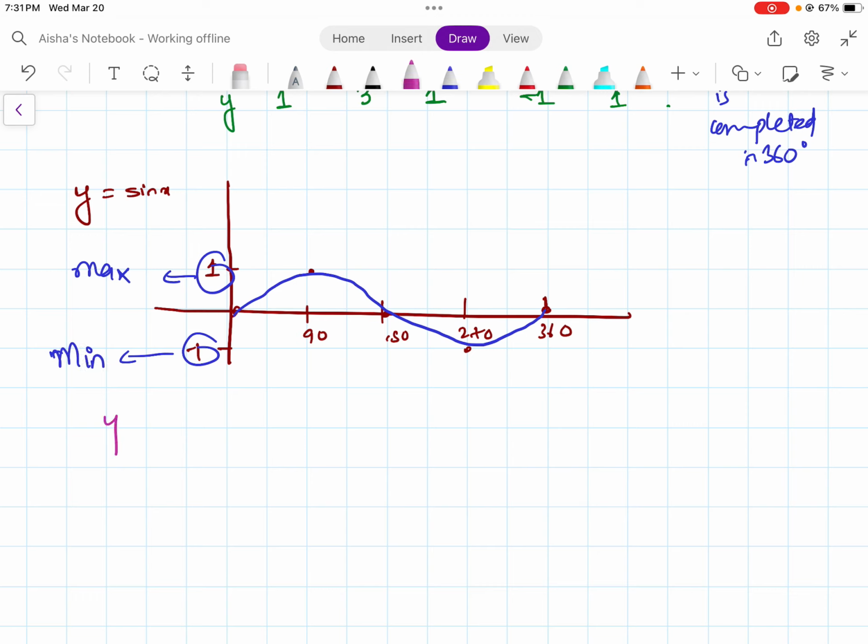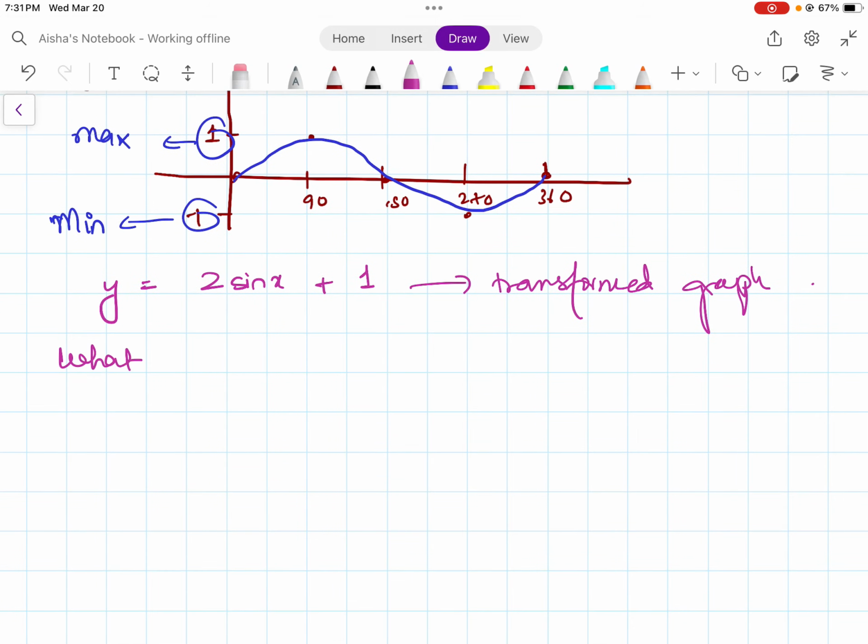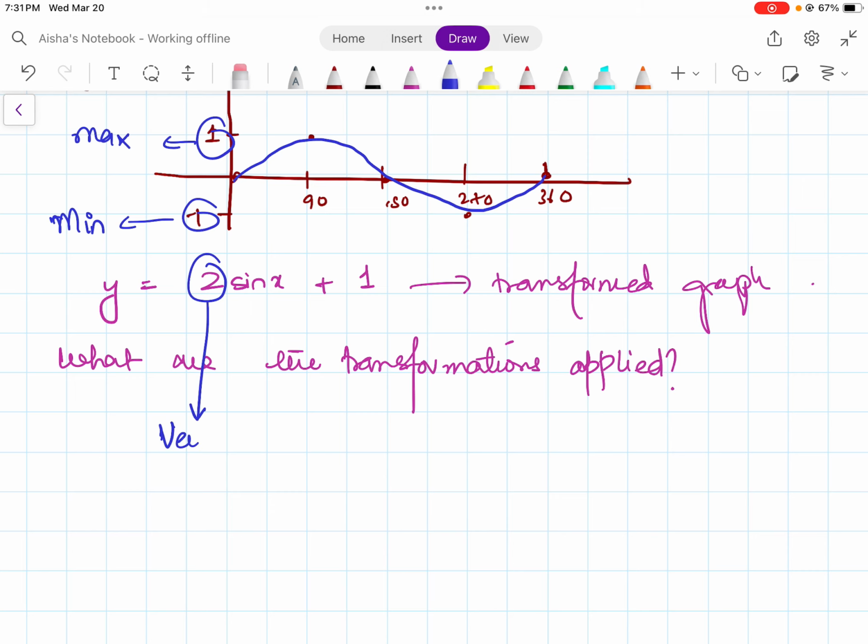Alright, now the function that I've drawn above is 2 sine x plus 1. This is a transformed graph. What are the transformations applied? This represents a vertical stretch parallel to the y-axis, factor 2.